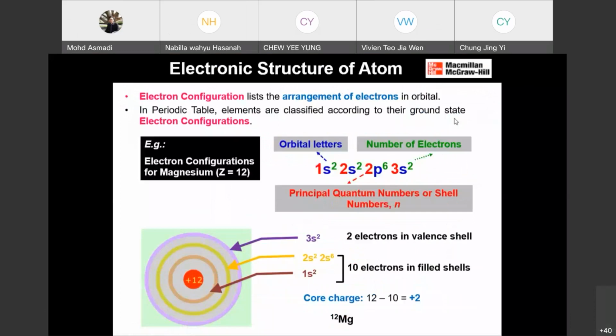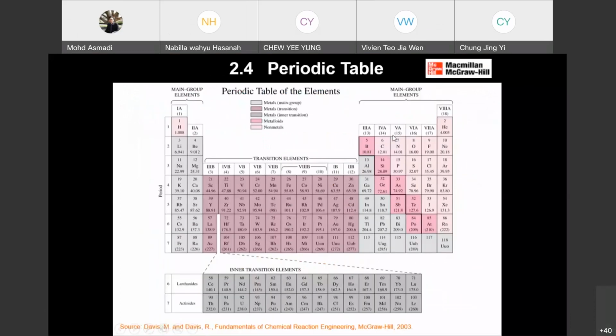Oh, already 30 minutes. Okay, so this is the example of periodic table. Actually, this is, I don't know, not updated. If the updated one, the latest version, I think the periodic table is completed already.